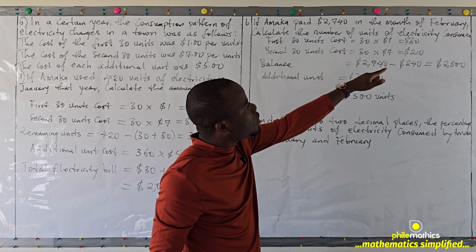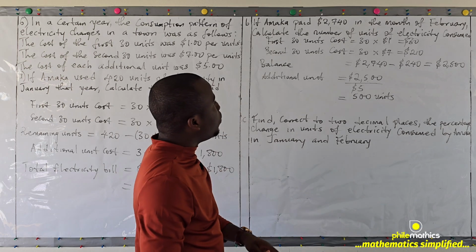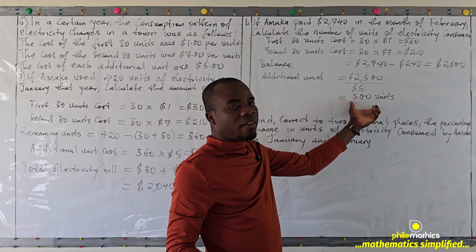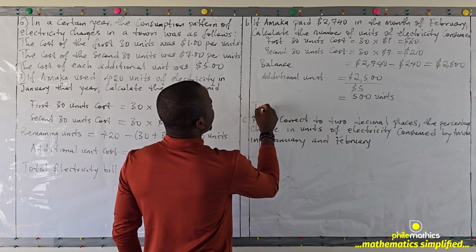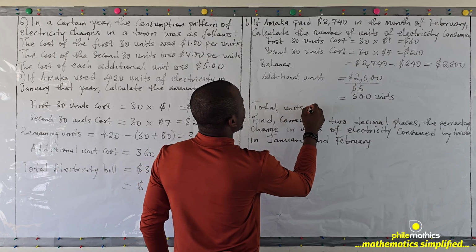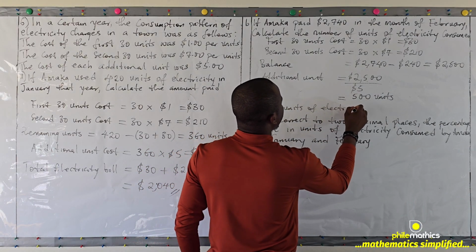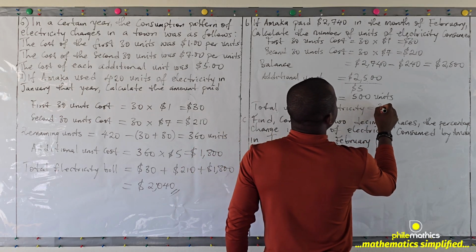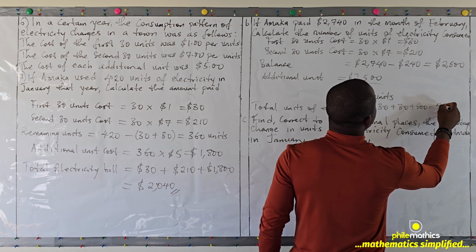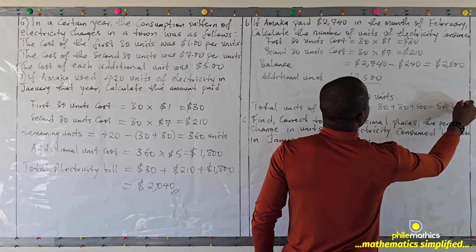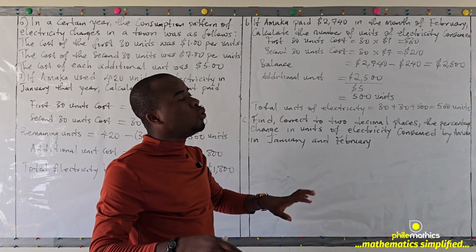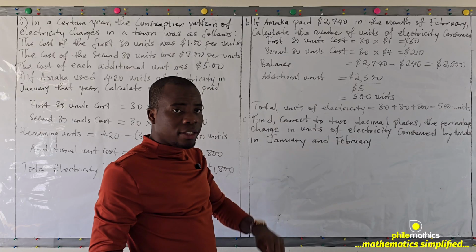So the number of units of electricity she consumed will be the 30 units plus this 30 units plus this 500 units. So the total units of electricity will be 30 plus 30 plus 500, which will be 560 units. So obviously, Amaka consumed more units in February than in January.